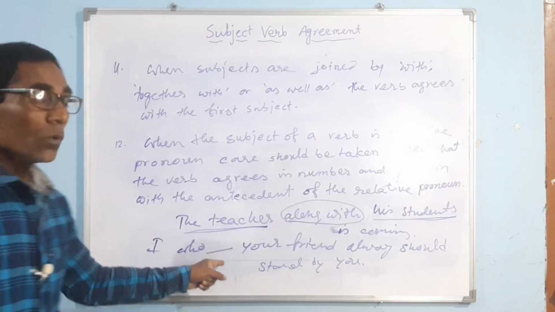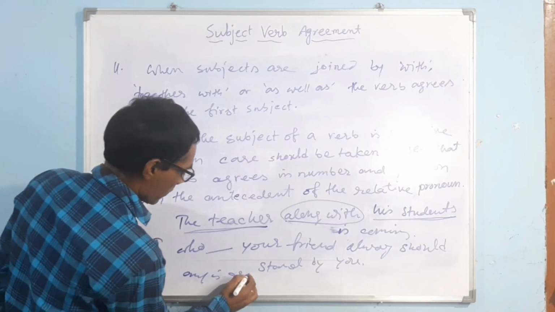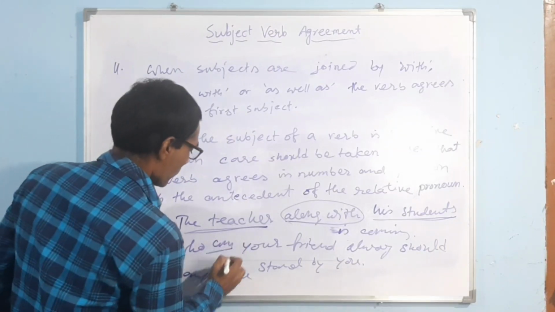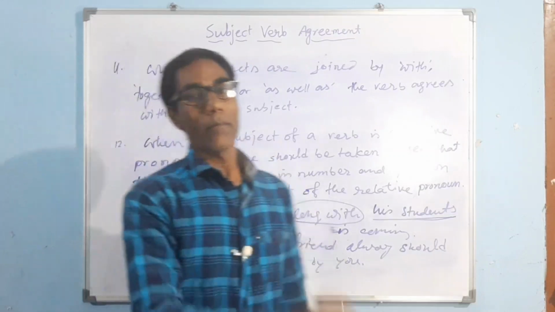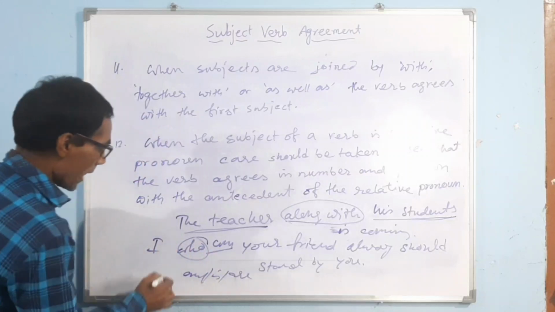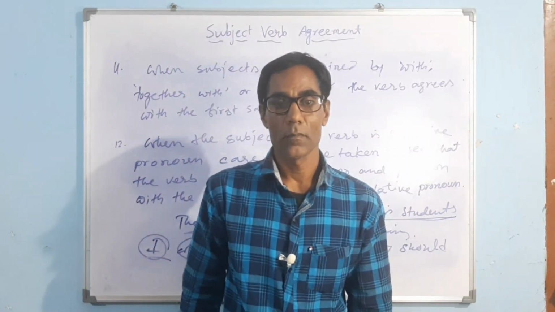Now, I, who, here am, is, are. Which one is the right one? But here you have to write am. I, who am. But why am? Because of who? Its antecedent I. After I, what we use? Am.